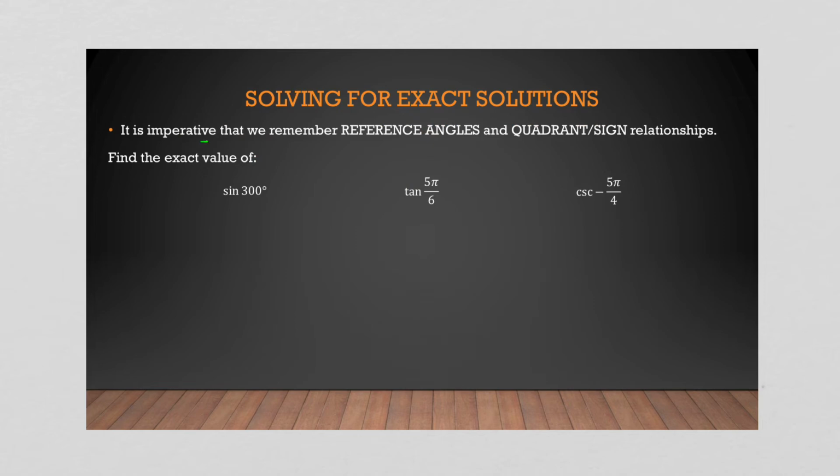It is imperative that we remember reference angles. So sine of 300 degrees. Well, where is that? Sine of 300 degrees is here, right? What's the reference angle of 300 degrees? Well, reference angle is 60 degrees. So sine of 300 is similar to sine of 60.